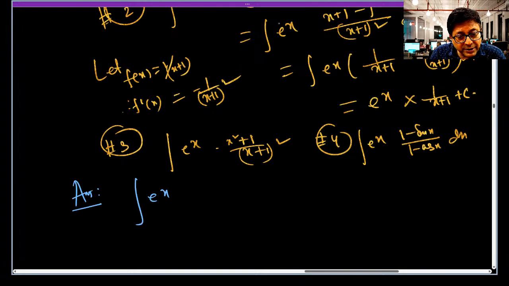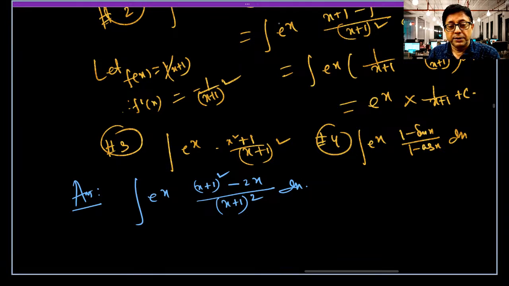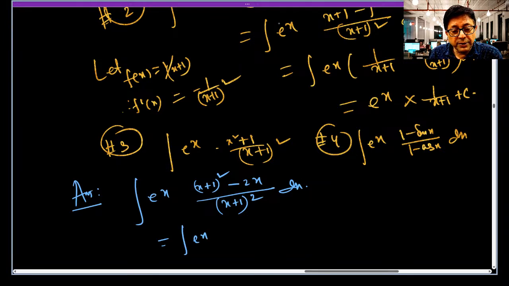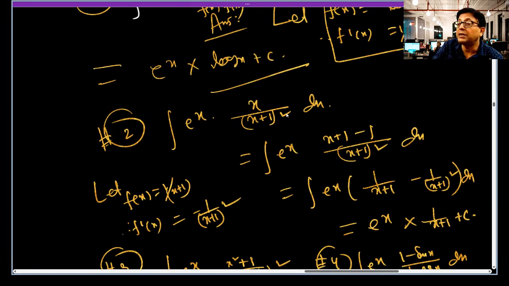So what you will do there, you write, have I written correctly? So this will be e to the power x into 1 minus... okay. Now what? Can I express like the previous one, x by (x plus 1) whole square? This you never forget. Many sums can be made from this type.